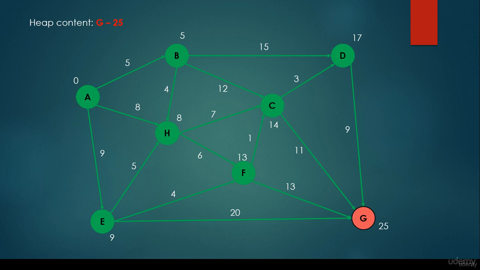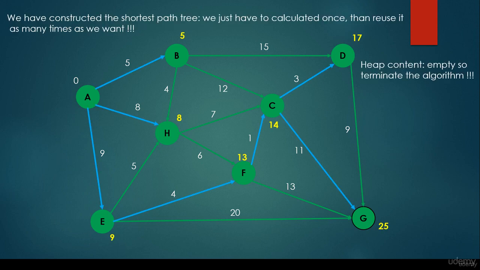And of course the last item is G. It doesn't have any neighbors, so we terminate our algorithm and we come to the conclusion that with the help of the predecessors we are able to construct this shortest path tree. Why is it good? Because we just have to calculate it once and we can reuse it as many times as we want, but it's very important that this holds if and only if the starting vertex hasn't changed.